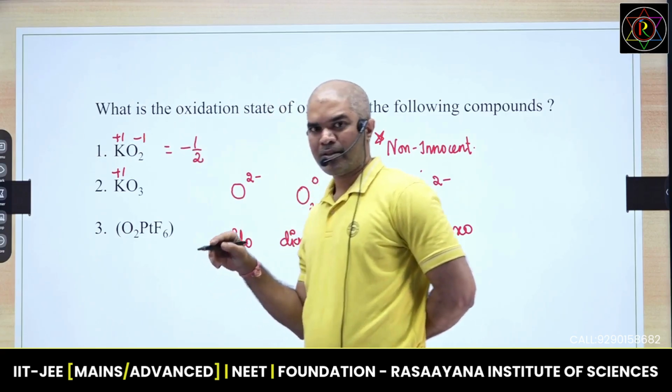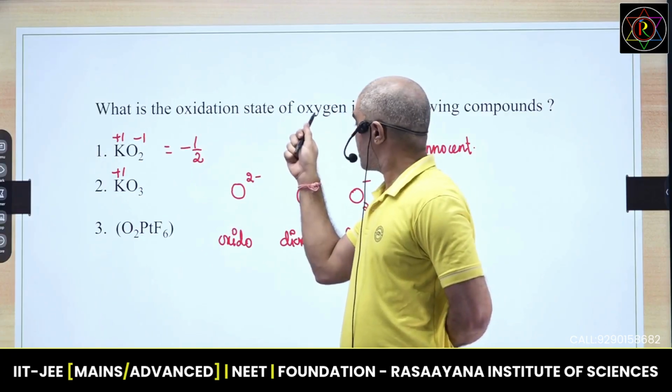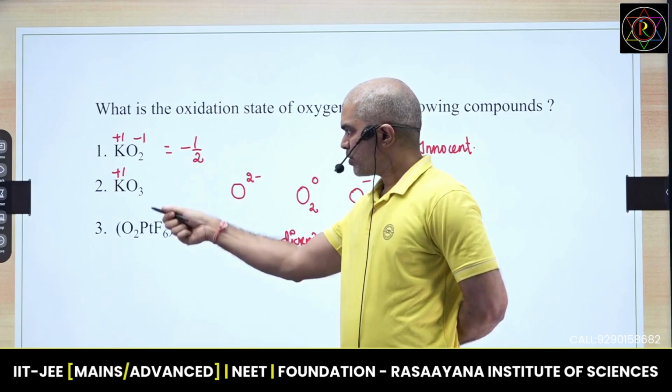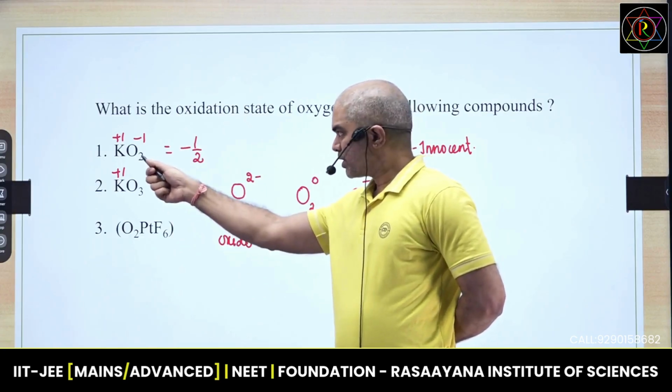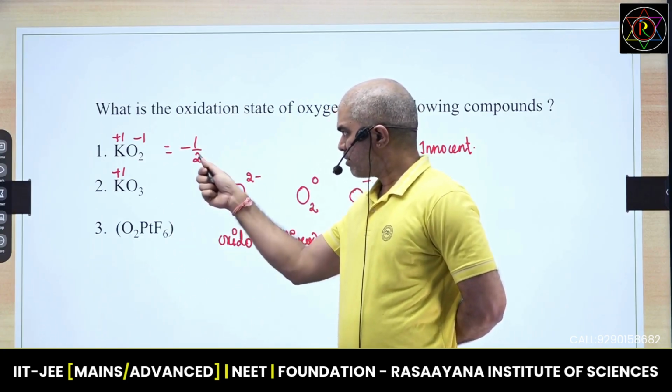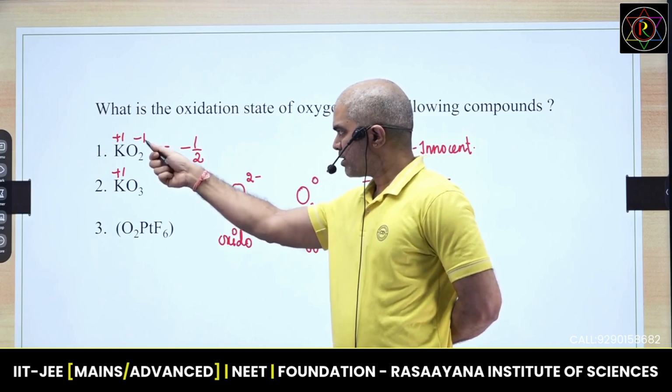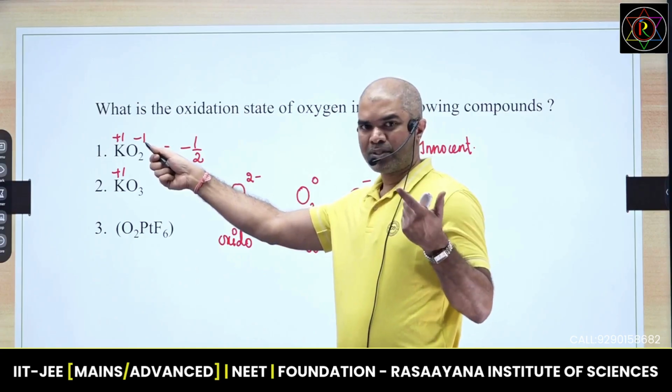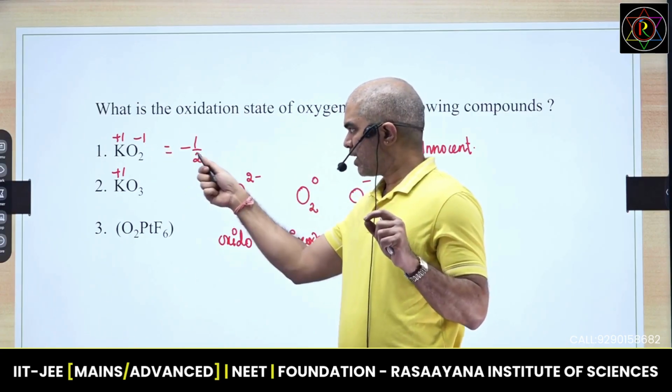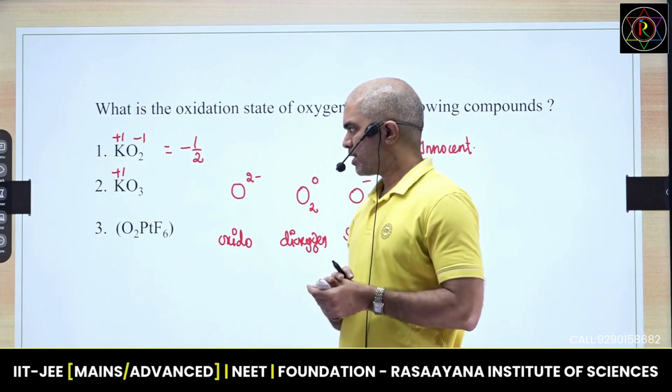That is the answer. The question asked is what is the oxidation state of oxygen in these compounds. So the oxidation state of oxygen is -1/2 because there are 2 oxygens sharing -1 oxidation state. So each oxygen will have -1/2 oxidation state.